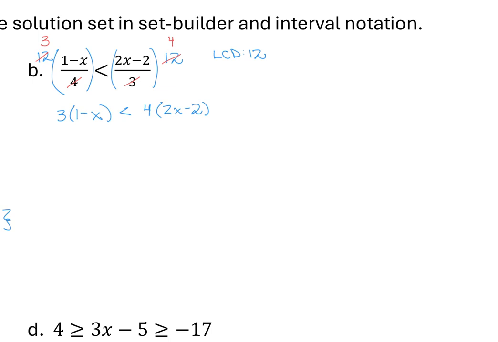All right, from here we're going to go ahead and finish solving. So we can go ahead and distribute to clear our parentheses. We get 3 minus 3x is less than, on the right, if we distribute, we get 8x minus 8. On this one, I'm going to go positive. So I'm going to add 3x to both sides.